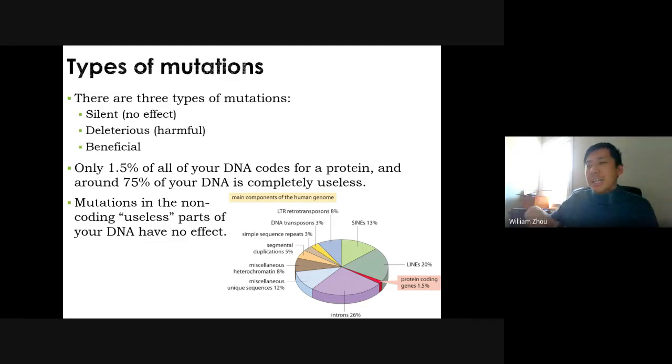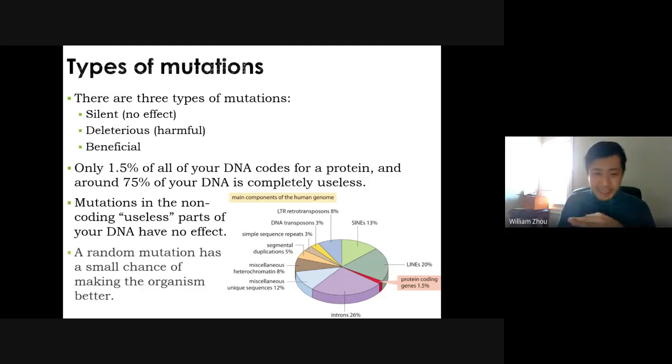So 70% or 75% of the DNA are useless. So if a mistake happens with those, no problem. It is like nothing happened. Okay? A small chance, a very, very small chance that a random mutation improves the performance of something. Okay, and that's how evolution occurs.